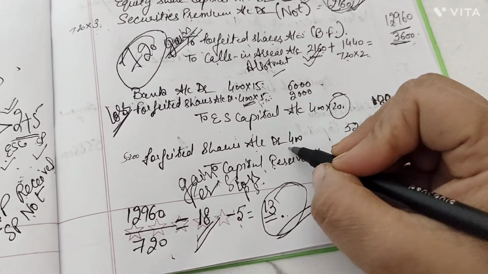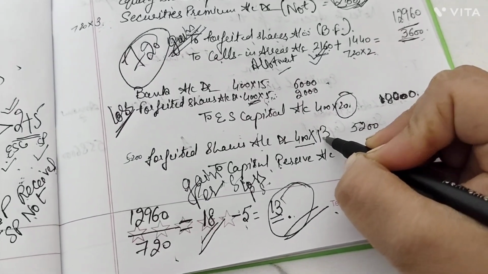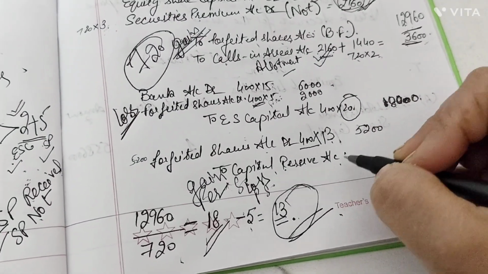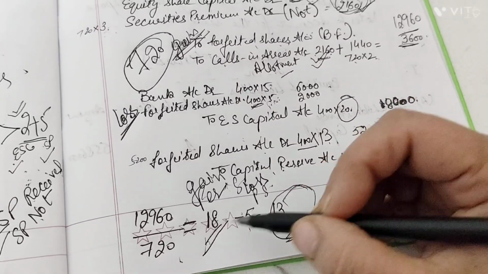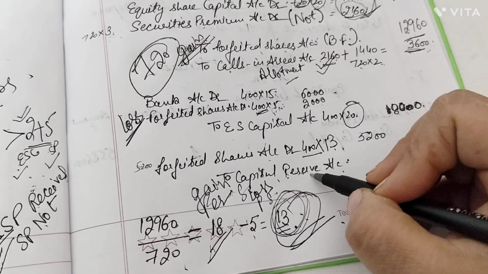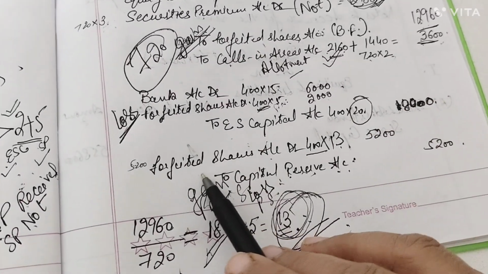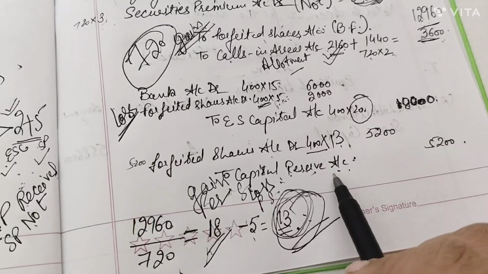So here 400 shares were multiplied by 13 rupees to make a transfer to capital reserve. Out of 18 rupees, now 13 rupees belongs to the firm and it is their capital profit. That's why it is transferred to capital reserve account. So the entry becomes forfeited shares account debit to capital reserve.